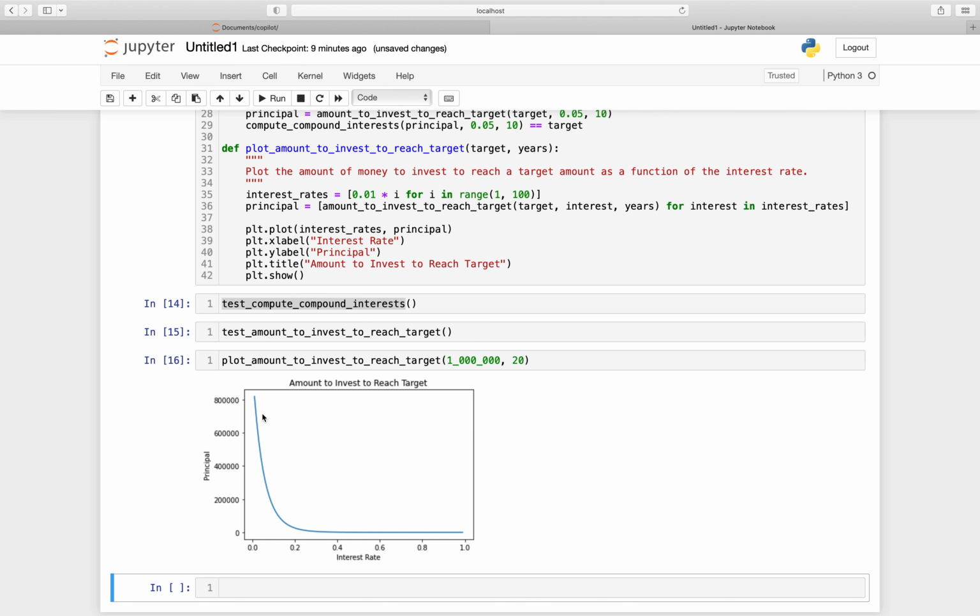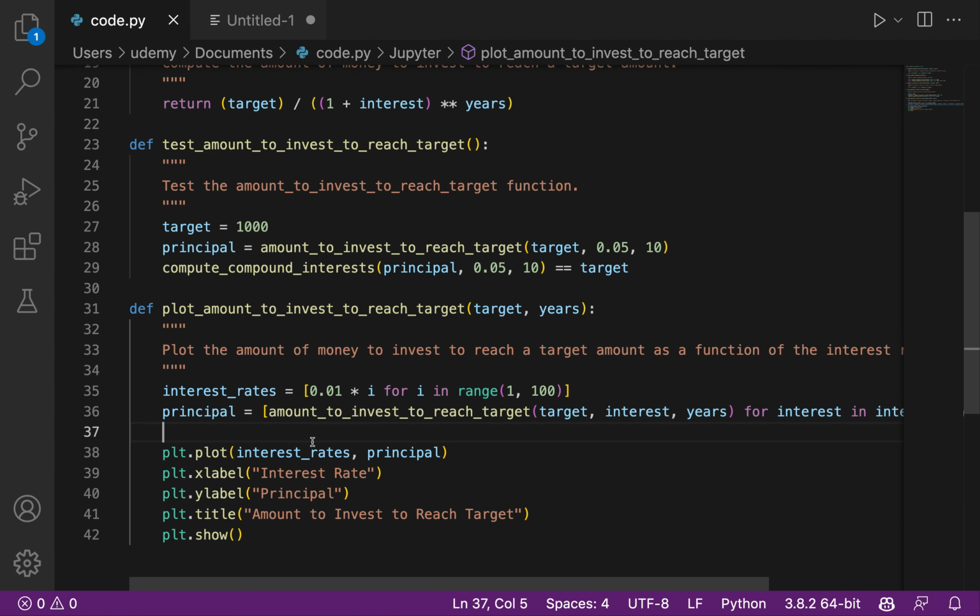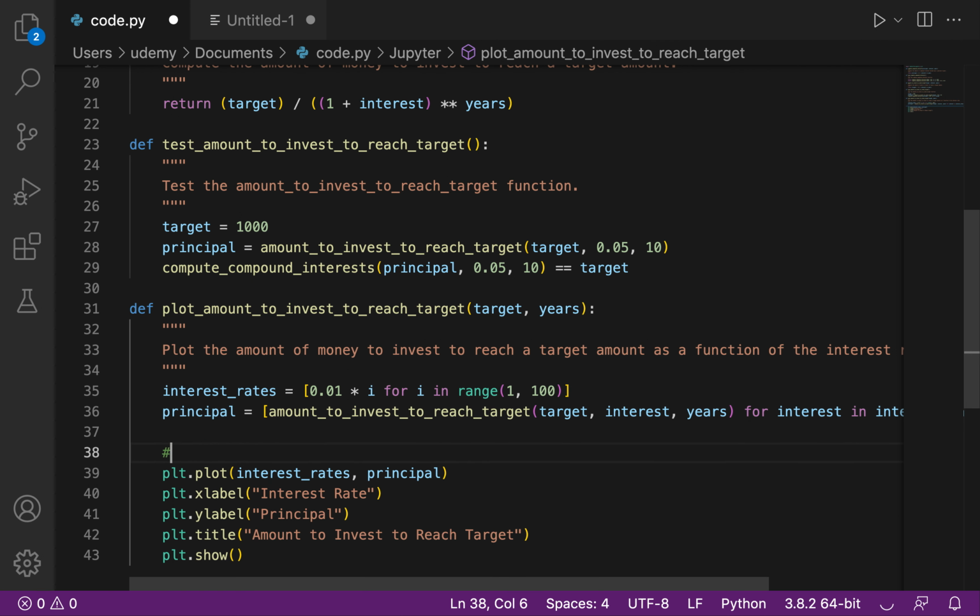I don't like that much because we cannot really see things pretty well. So let's maybe use a log norm. Plot in log norm.